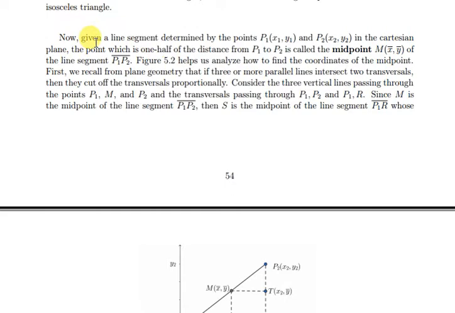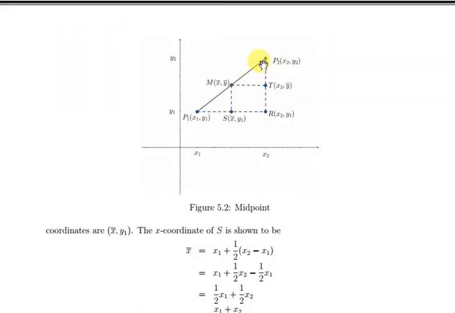Now, given a line segment determined by the points P sub 1 and P sub 2 in the Cartesian plane, the point which is one half of the distance from P sub 1 to P sub 2 is called the midpoint, denoted by capital letter M, (x bar, y bar). Bar because it is the mean of the two points. Okay, so this is our P sub 2, P sub 1, and this is the distance.